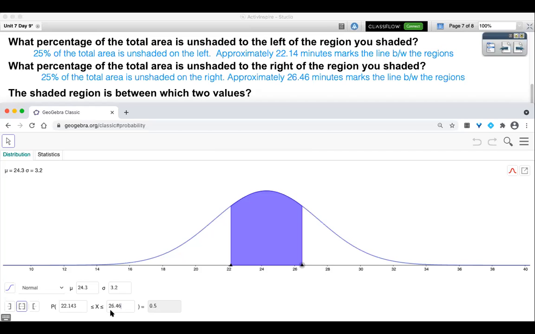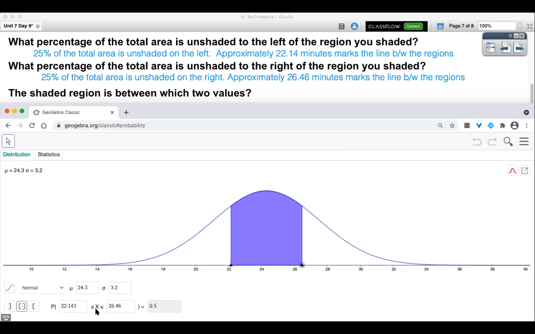Okay, now what's nice about all of this is that now that we figured out the number of minutes being represented by the total area unshaded to the left and the total area unshaded to the right, we actually have our answer for this last question here, right? The shaded region is between which two areas? Well, if I just focus on these two values right here, it's my closed interval telling me that the middle 50% of the area under the curve has been shaded.